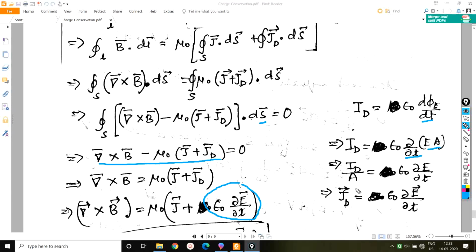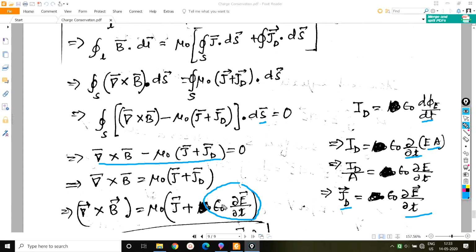Now what is id by A? It is your displacement current density, and you will see that we have inserted a vector sign here. jd is equal to epsilon 0 del E del t, but one line is not shown here. In scalar form I have not written it directly, I have written id by A in vector form.